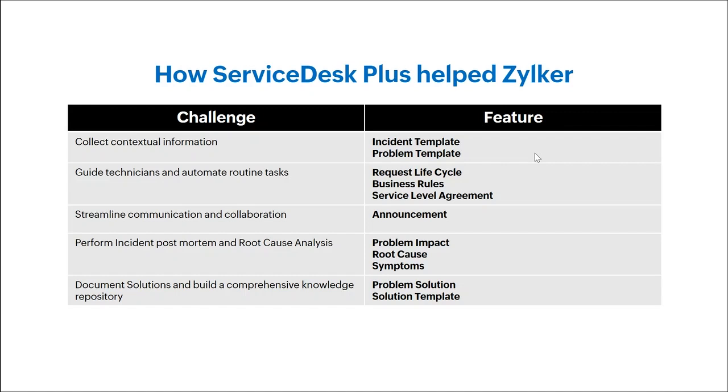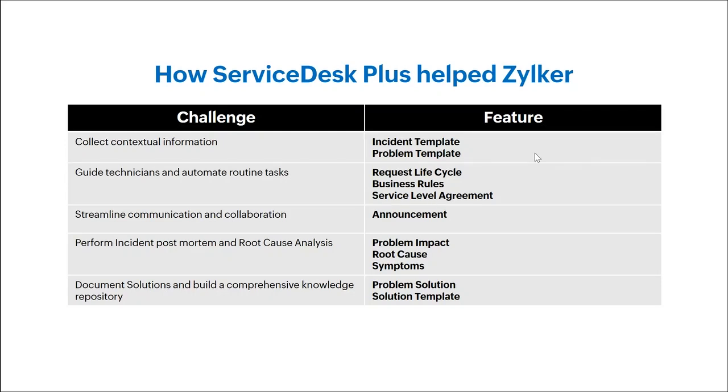Okay. So now, after the issue is resolved, it is very important to prevent the issue from happening again. So this becomes the fourth challenge of the Zilker organization. After the issue is resolved, the technicians of Zilker's organization generally tend to close the request.